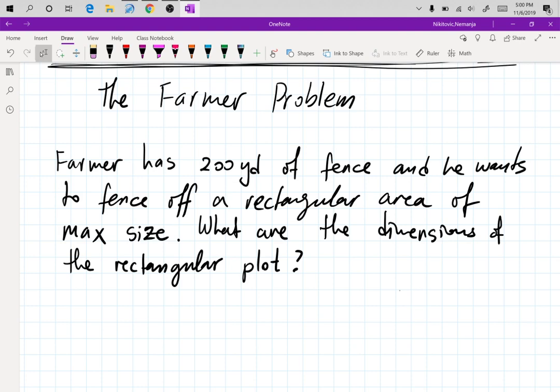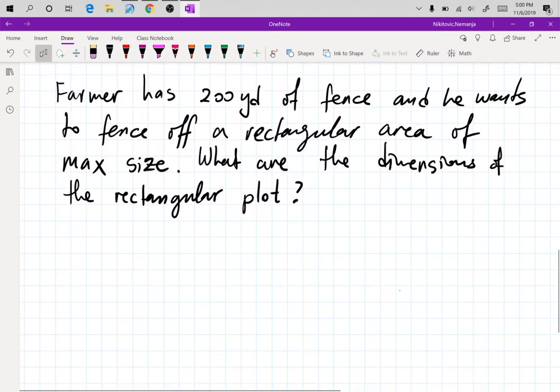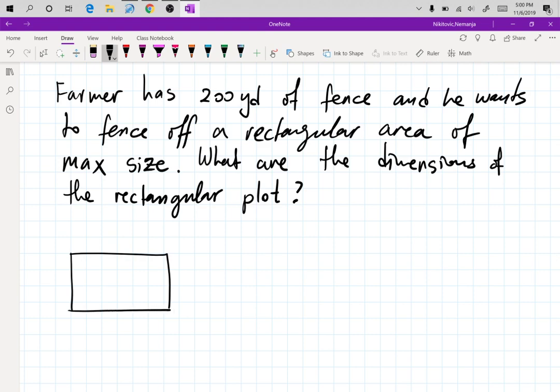So we know that he is going to fence off a rectangular area xy, a, b, whatever, length and the width, or width and the height, or whatever. You can use any letters.